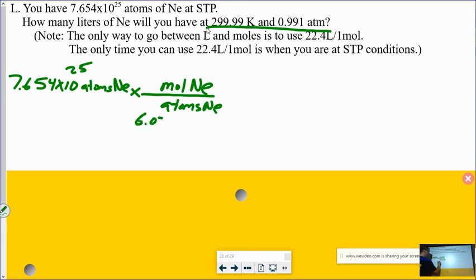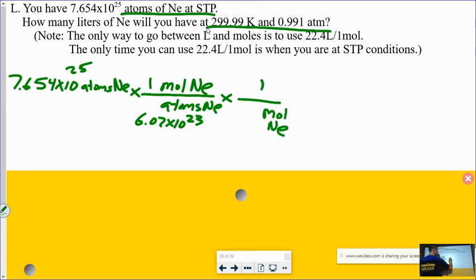There'd be 6.02 times 10 to the 23rd atoms in 1 mole of neon. It said these atoms are at STP, so moles are on top. I can go moles on the bottom, and I can go liters of neon on top. We are at STP, so there's 22.4 liters in 1 mole.